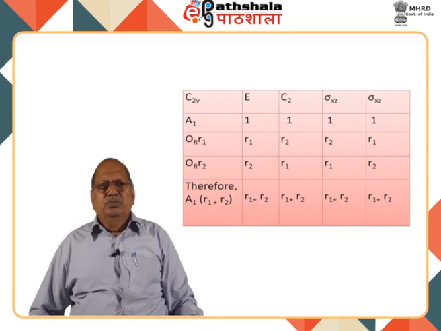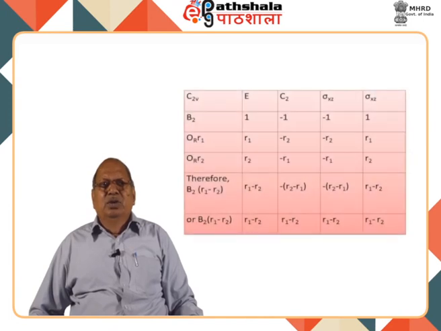That is, we take A1 and we take O_R on R1. The result is this. We take O_R on R2, the result is this. Therefore, the effect of A1 on R1 plus R2 is the same, it is not changed. Here also we see that R1 plus R2 remains unchanged under symmetry.